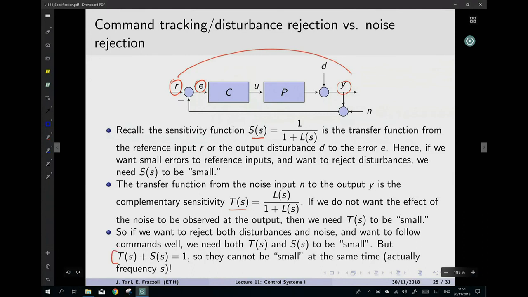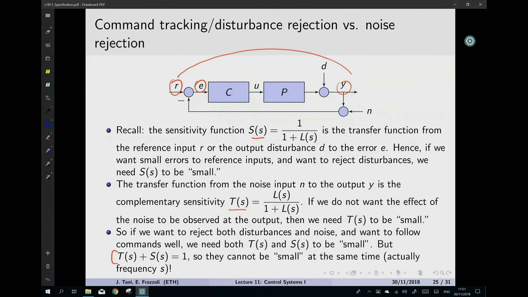So while it is desirable to have both properties, that is disturbance rejection and noise attenuation, at every point in frequency, it is fundamentally impossible, because having, for example, a good disturbance attenuation means having a what?